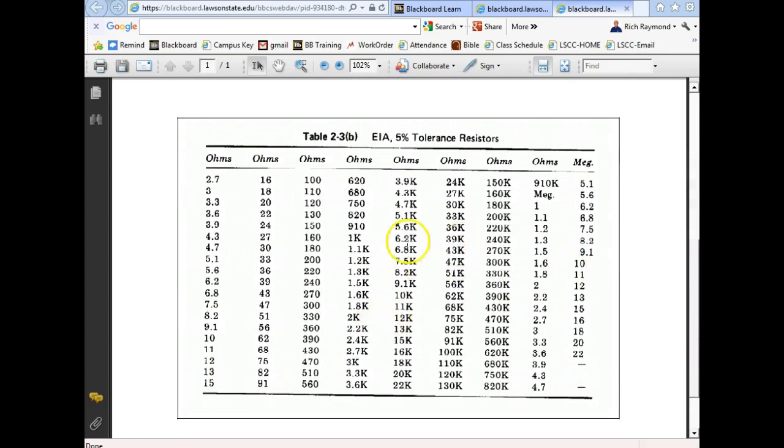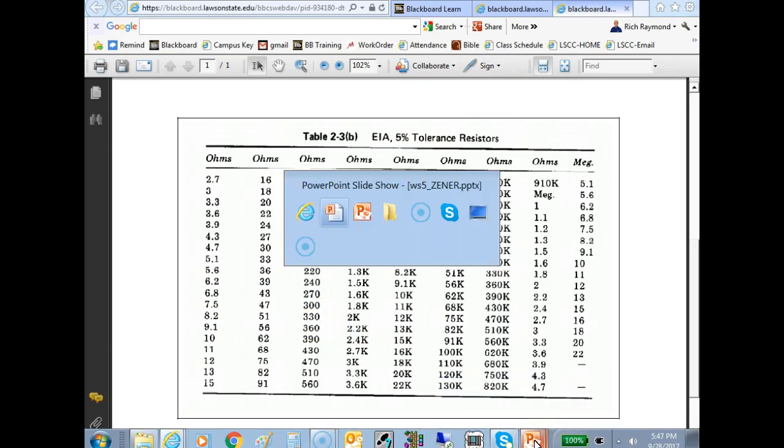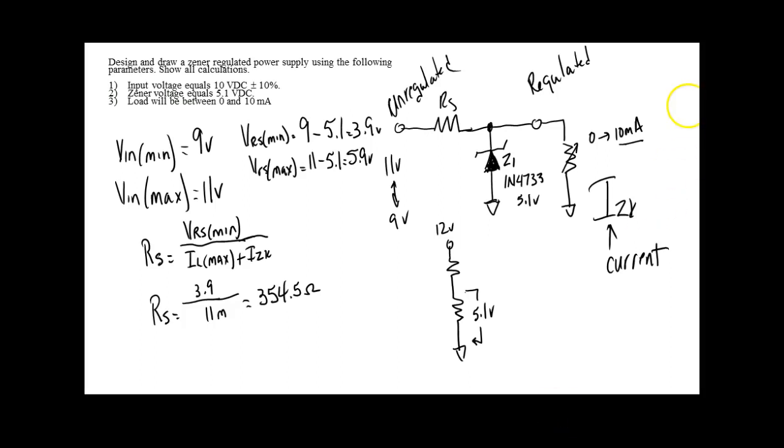And which one would I start off with, if I'm going to round down or round up? I'm going to round down. So what would I start off with? 330. Good. So that's the one I would choose. So I go over here and choose 330. And then I'm going to check it by multiplying it by 1.05.